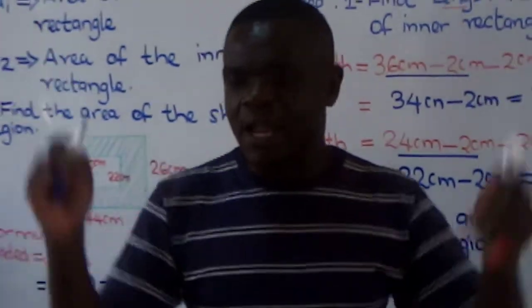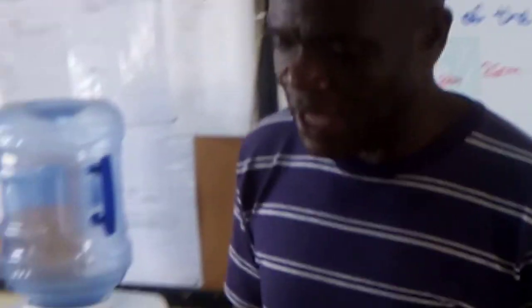That's great. Now, I want you to do for me some sums here. I want the camera to focus on one here. This is one. Are you able to see it? Find the area of the shaded region in the diagram below. Then another one is here. That was number 2. Let me find number 1 somewhere.